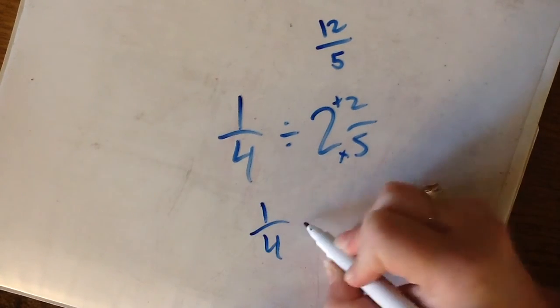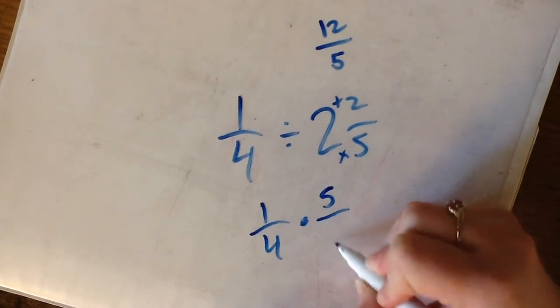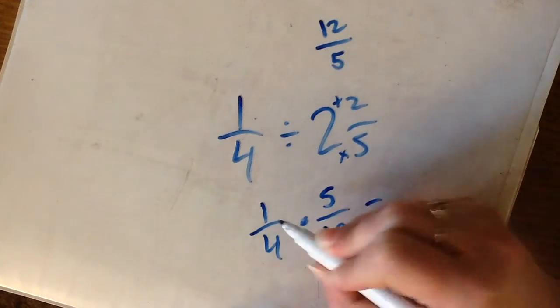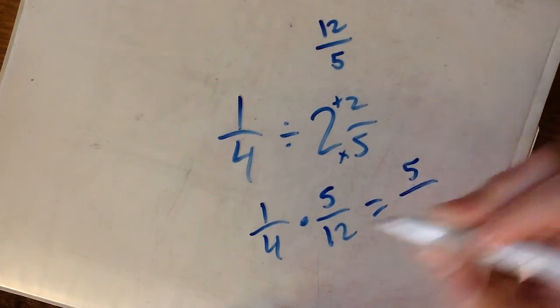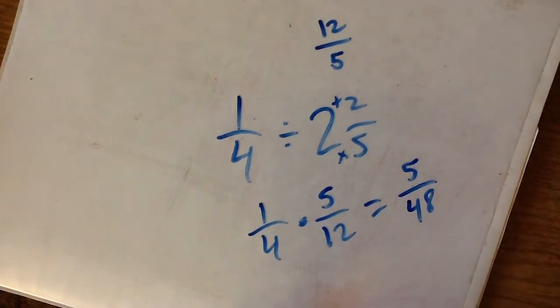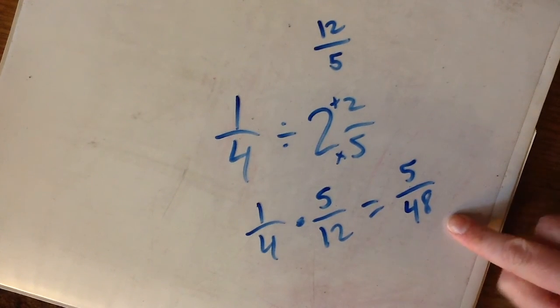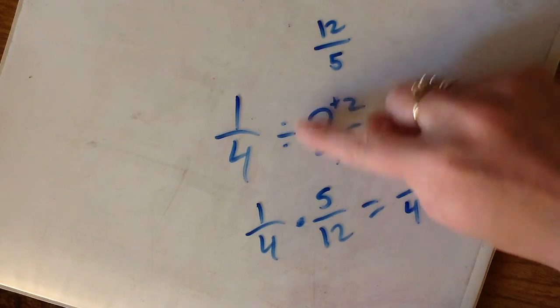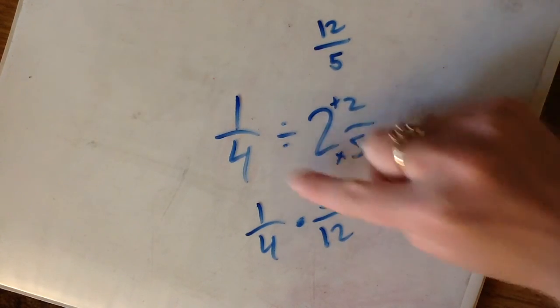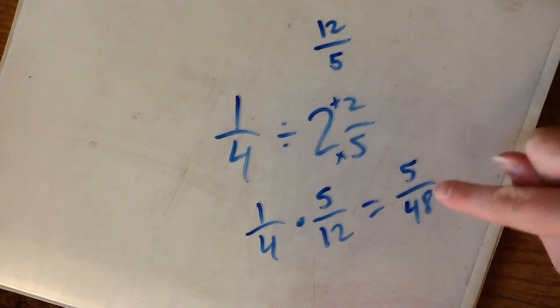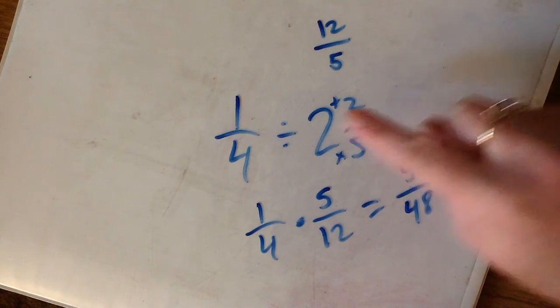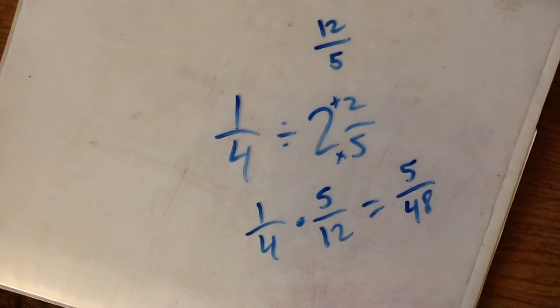So 1/4 times 5/12. Multiply across the top and across the bottom: 5 over 48. Again, that makes sense, because if I have 2 and change, it's really hard to get that amount from 1/4. You can only get part of that 2 that we want, and that's what this represents.